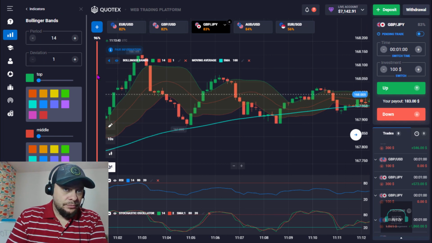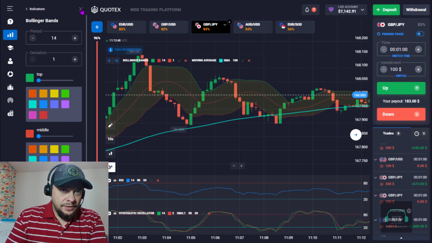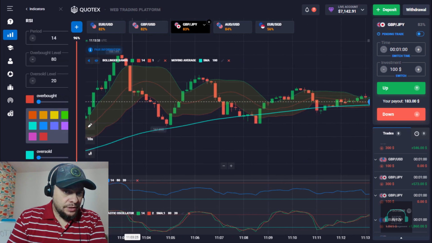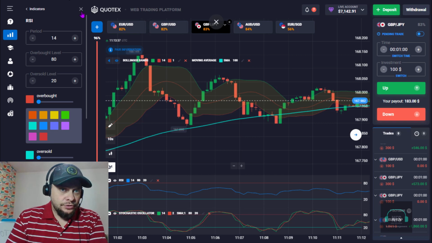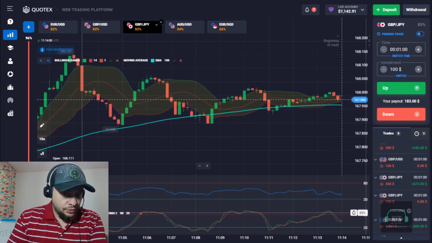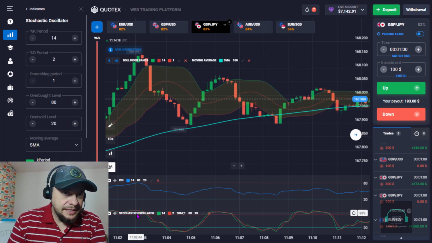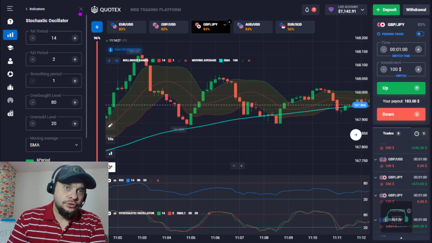We also have RSI set on period 14, overbought level 80 and oversold level of 20, and the stochastic oscillator, as you can see here, with K period of 14, D period 2, smoothing period 1, overbought level 80 and oversold level of 20.